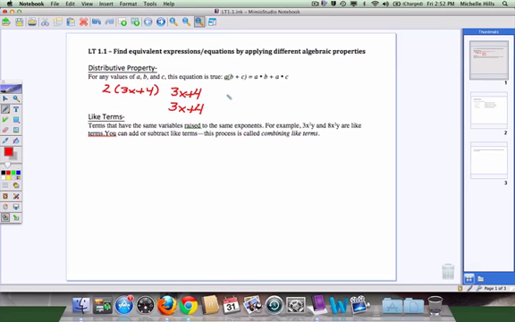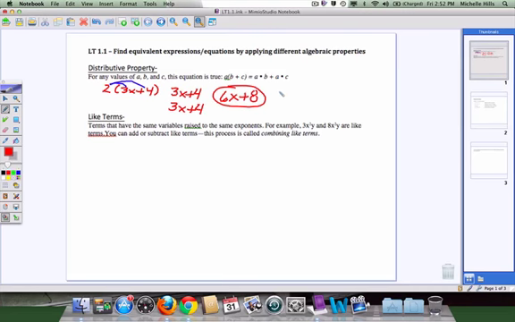So the sort of work that you would show for 2 times the quantity 3x plus 4 is to remind yourself you're going to take 2 times the 3x and 2 times the 4 for a final answer of 6x plus 8.